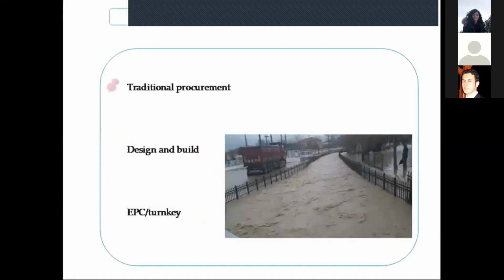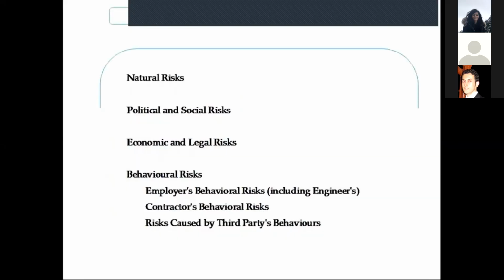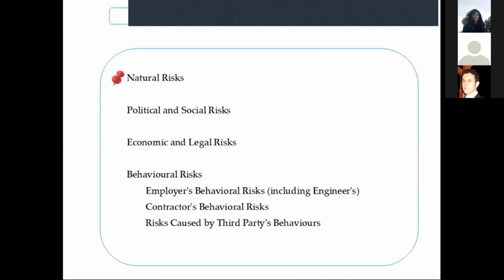When it comes to FIDIC standard forms of contract, there are three main types of procurement: traditional, design and build, and EPC. Under the FIDIC standard forms, we can categorize the risks in four main categories: natural risks, political and social risks, economic and legal, and behavioral risks.